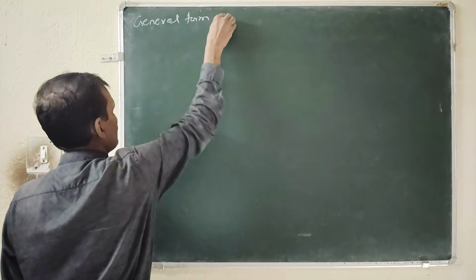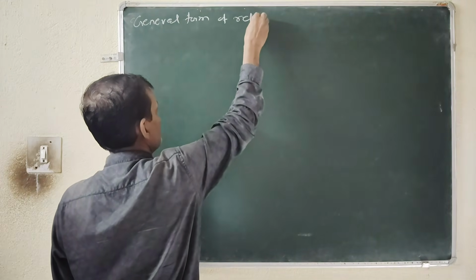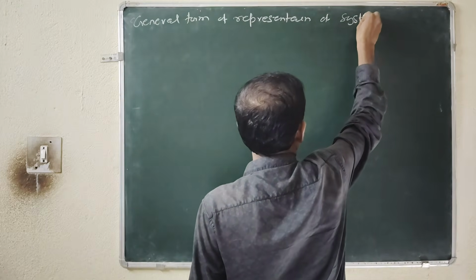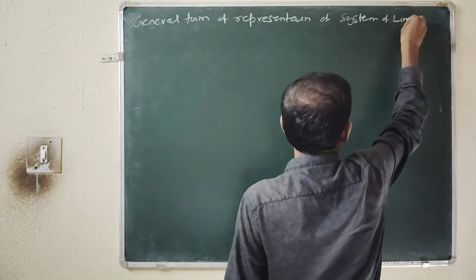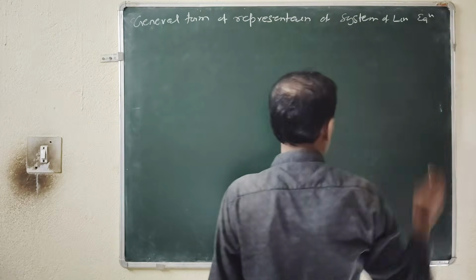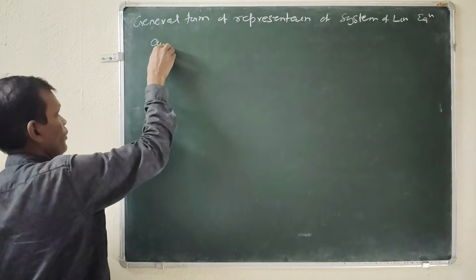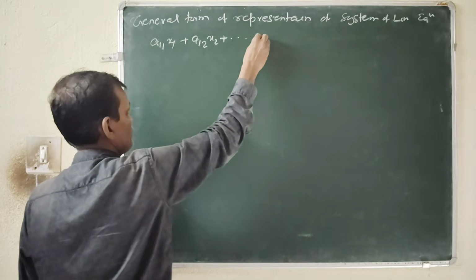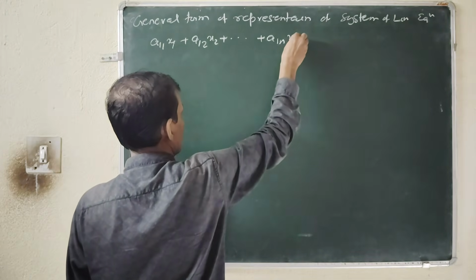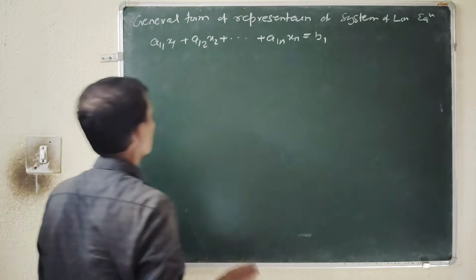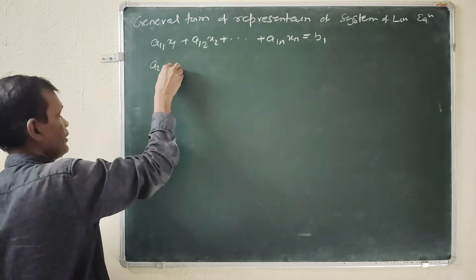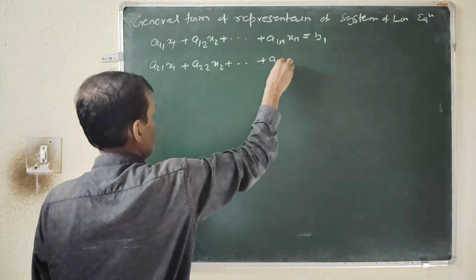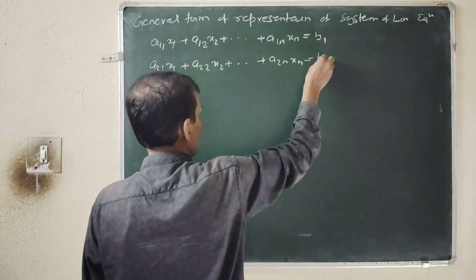The structure is a11x1 plus a12x2 plus up to a1nxn is equal to b1. a21x1 plus a22x2 up to a2nxn is equal to b2.